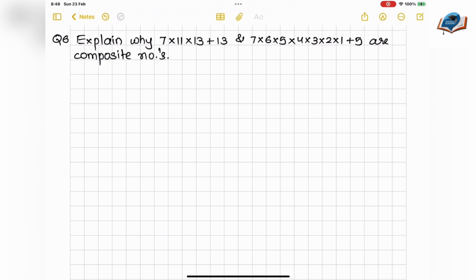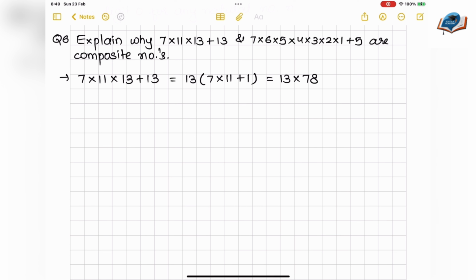Now next question says explain why 7 into 11 into 13 plus 13 and 7 into 6 into 5 into 4 into 3 into 2 into 1 plus 5 are composite numbers. See, now composite number means it should have more than two factors. So if I take 7 into 11 into 13 plus 13, and take 13 common from both, it will be 13 into (7 into 11 plus 1), so that will be 13 into 78.